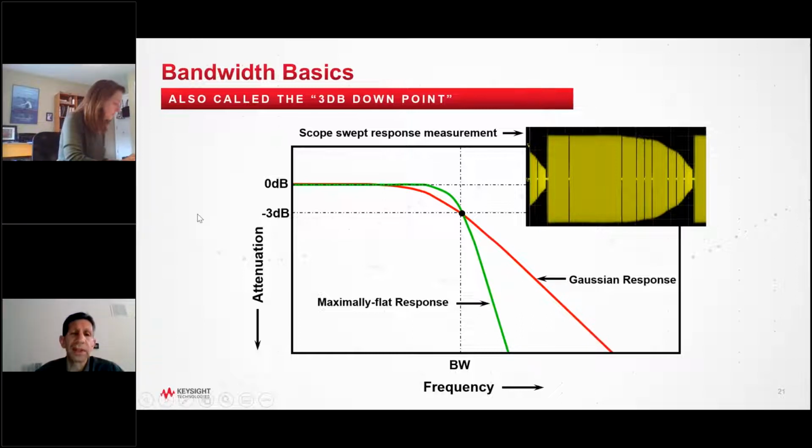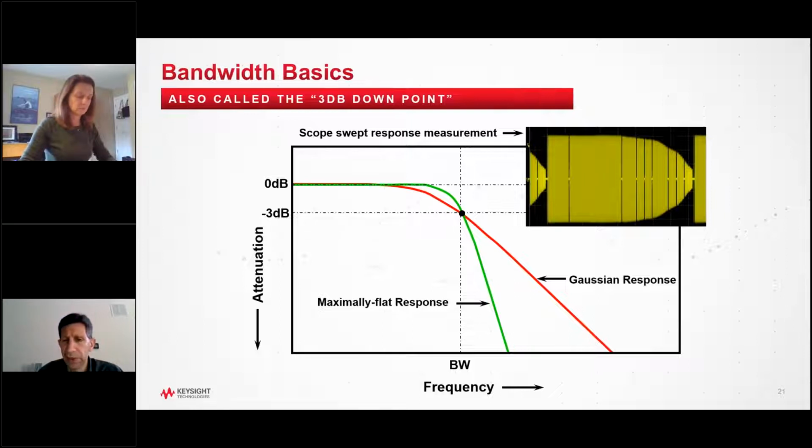Modern day oscilloscopes, typically our higher performance scopes, have what they call a maximally flat response. It's flatter in the passband, but then they roll off quicker, 20 dB per decade. So the maximally flat response is better for a high-speed serial type of signal.